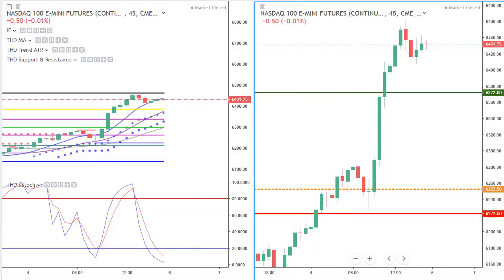Now, the other thing is, on the call spreads, remember it uses an expiration value. So in this case, on Friday, it expired here, so you would have made the full spread on the NASDAQ that day, depending on where you entered, of course, whether it was a daily or a 2-hour. But with this one, it's if touched, okay?